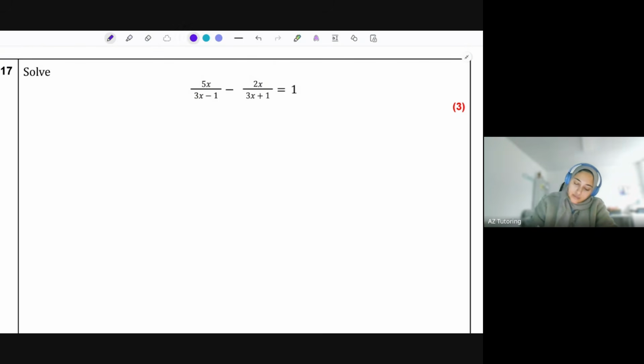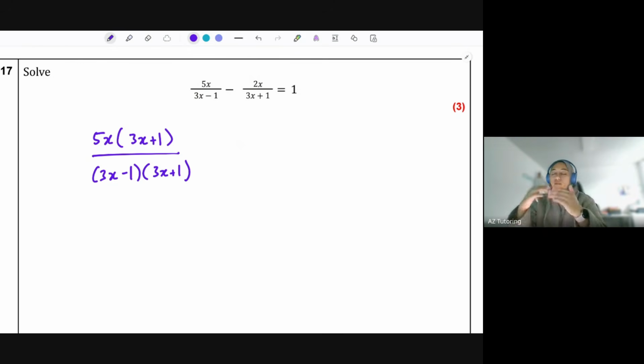Okay, so this first one here, 5x, remember we're timesing by 3x plus 1 on the top. And then on the bottom, we've got 3x minus 1 times 3x plus 1. Now remember, if you times the top and bottom by the same thing, you've not actually changed the number, because 3x plus 1 over 3x plus 1 cancels out, they're gone. But we're timesing them both by that so we can combine them together.